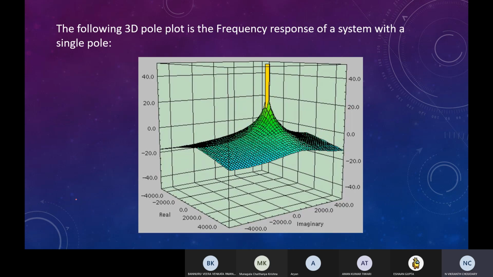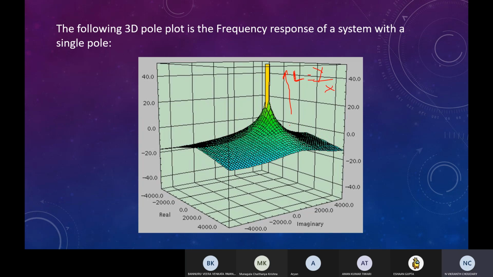The next is, suppose this is a 3D plot. This axis is the Laplace of the transfer function, that is, Laplace of Y(s) by X(s).